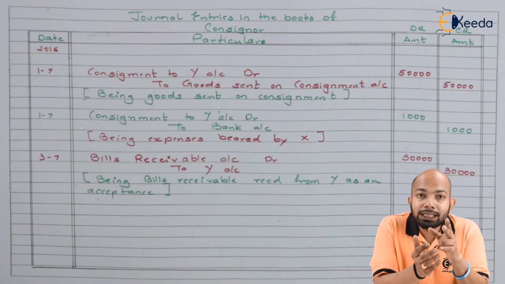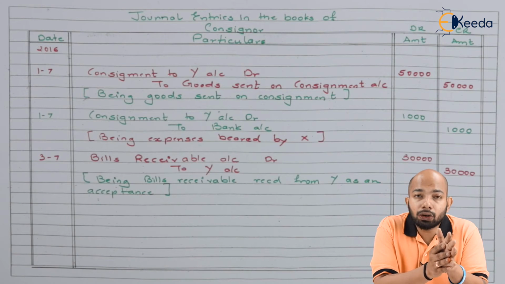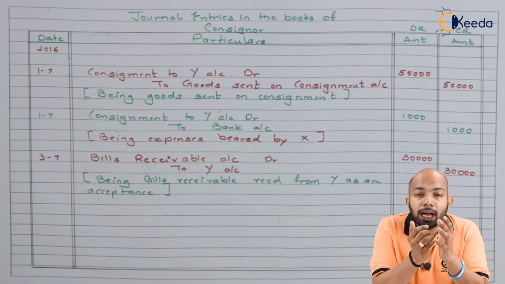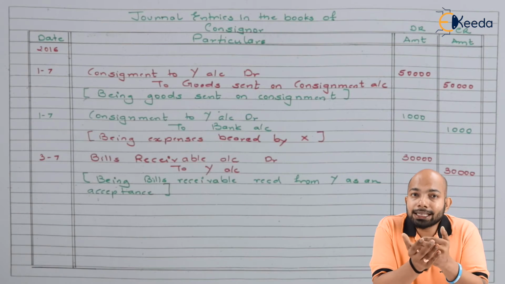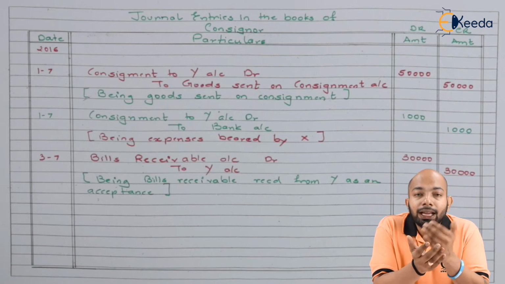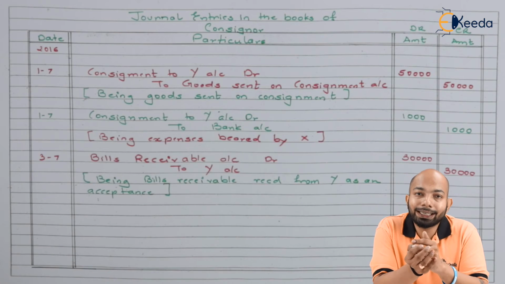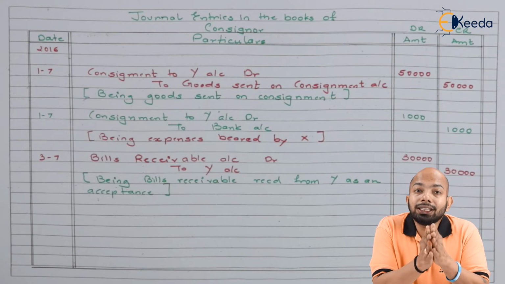In the first two entries, his personal account isn't credited or debited at all because he is not personally involved in those transactions. However, in this transaction he is personally involved. Hence bills receivable, which is an asset for us, is debited, and the person sending it, that is his personal account, will be credited. So the entry here will be bills receivable account debit to Y account, and the amount will be 30,000.